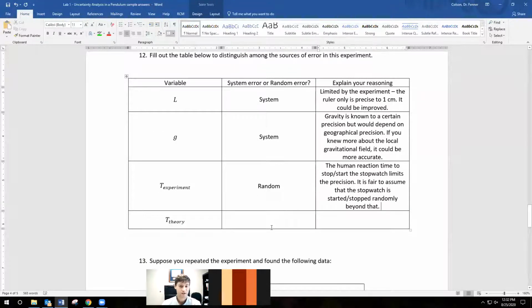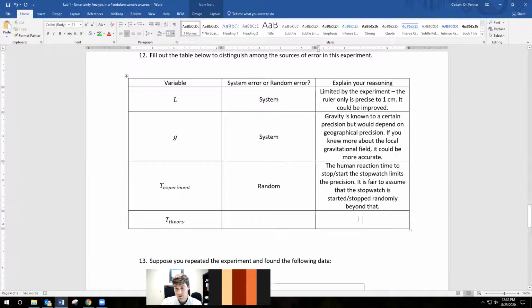Human reaction time allows us to be precise to a certain degree, but if you're trying to start and stop it very precisely, there are limitations. Sometimes you might start a little bit late, sometimes a little bit early. It'll be essentially random.